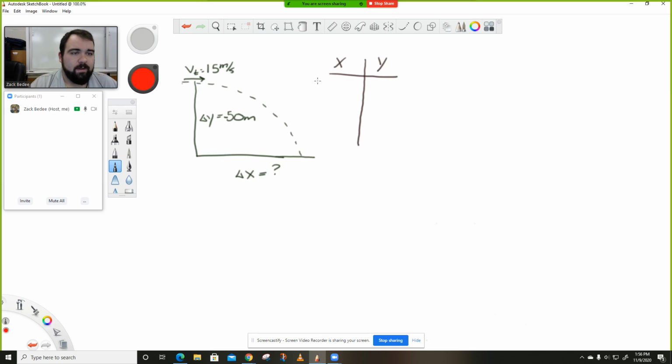So the values that we need in the X direction would be Vx, delta X, and T. And in the Y direction, it would be Viy, Vfy, delta Y, A, and T.